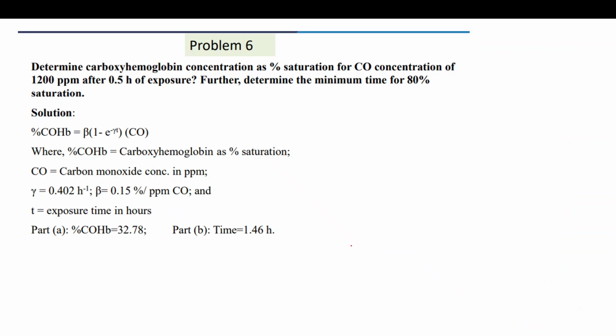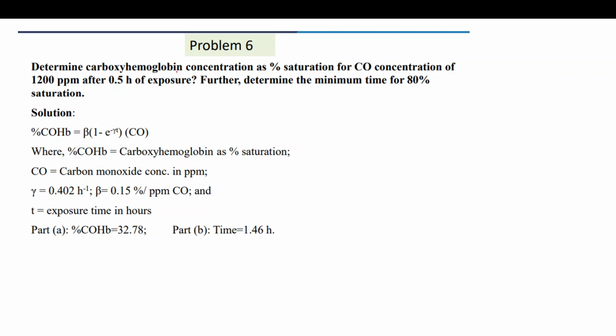Next question: determine the hemoglobin concentration as percentage saturation for a CO concentration of 1200 ppm after 0.5 hours of exposure. You are exposed to 1200 ppm of carbon monoxide for 0.5 hours.